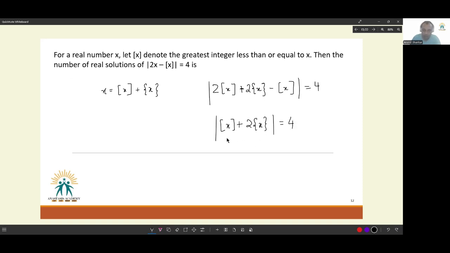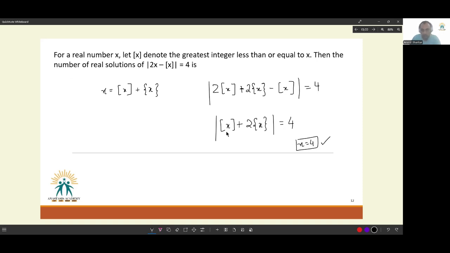Now, if I put down x equal to 4, can you see there is no decimal part? So it works. This is definitely an acceptable value.